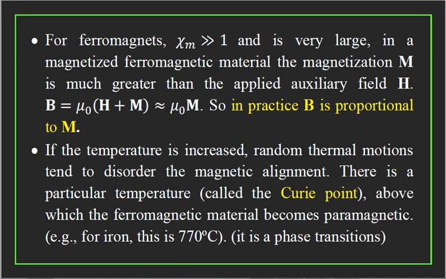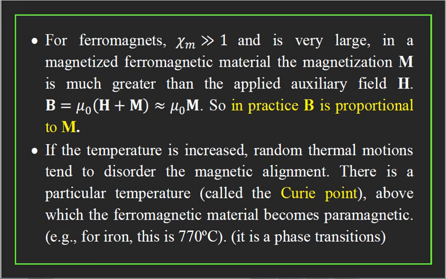For example, for iron, this is 770 degrees Celsius. And this transition from ferromagnetic material to paramagnetic material is a phase transition. Phase transition means it is occurring at a fixed particular definite temperature.